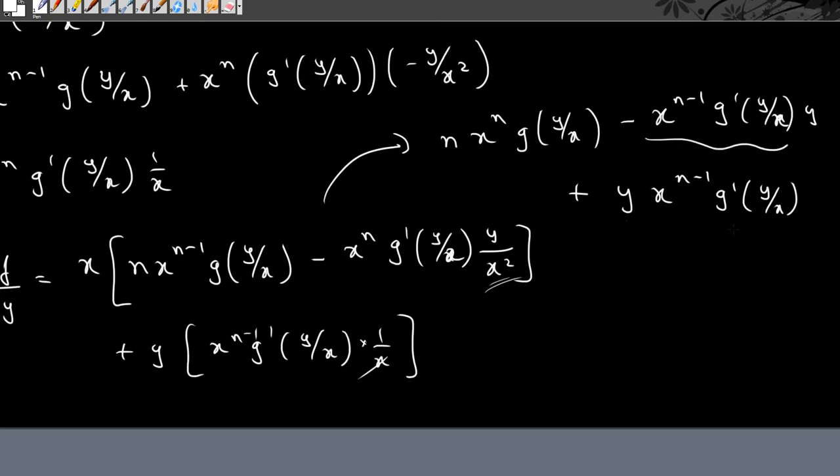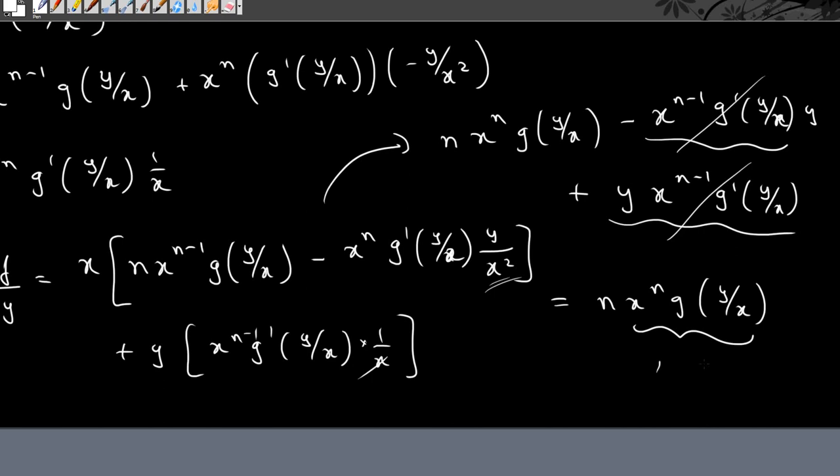So if you compare these two terms, they are equal and of opposite sign, so they cancel out to 0, and what we are left with is n times x power n g of y by x. But this in turn is the definition of f, and therefore this is equal to nf.